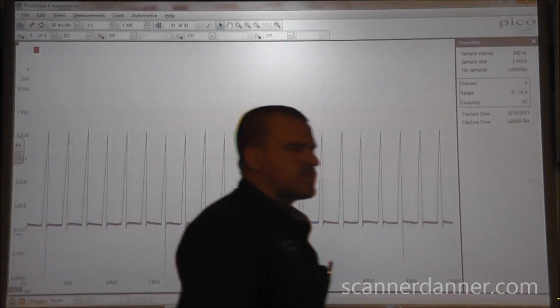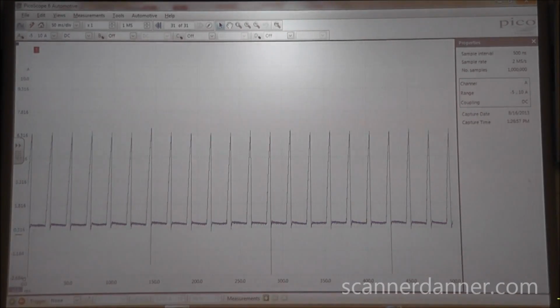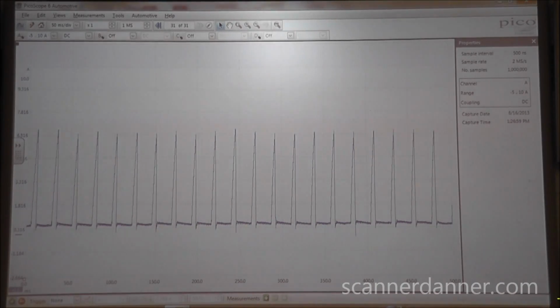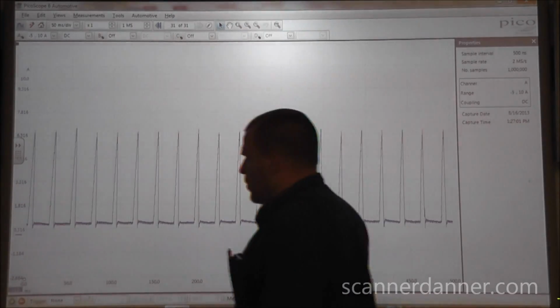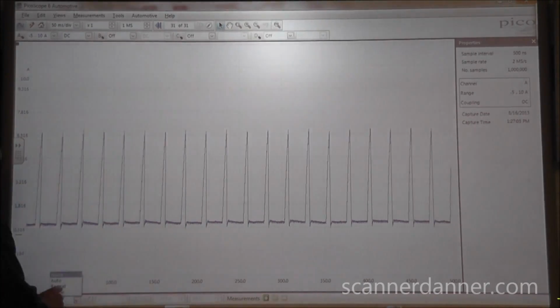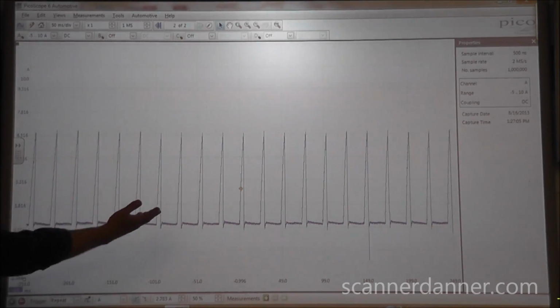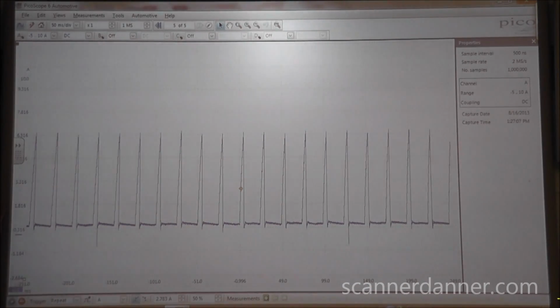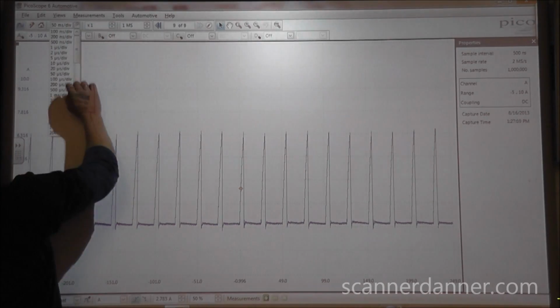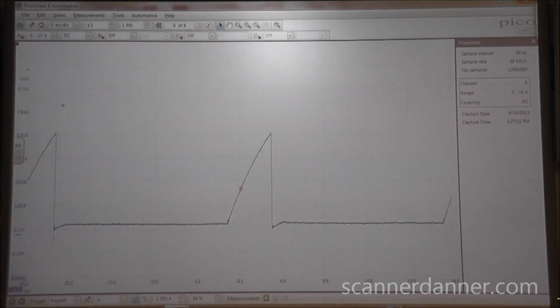And when we triggered this before, we did something like that, and then we took our time base and we looked at it in smaller levels.